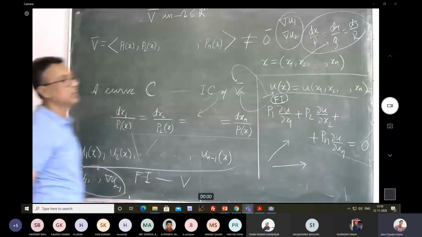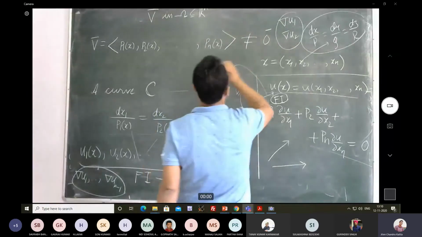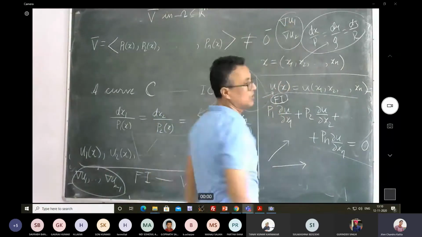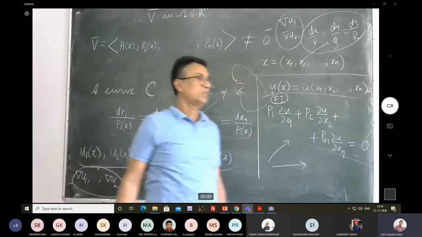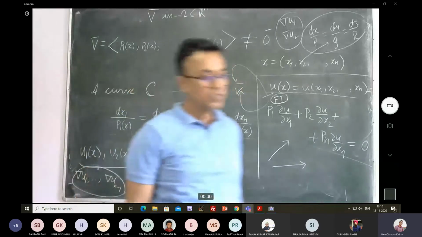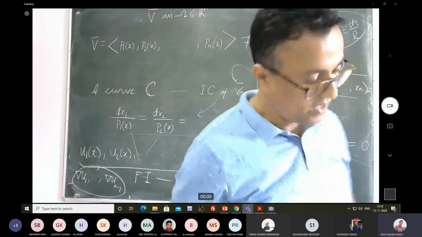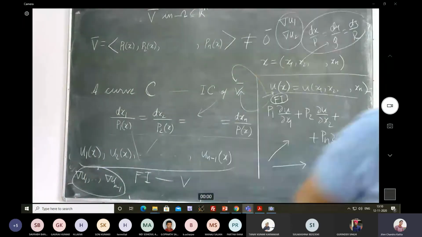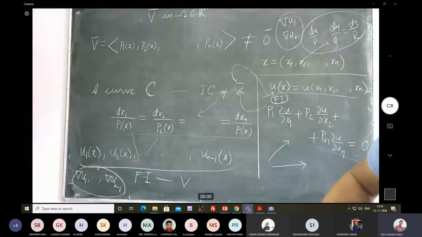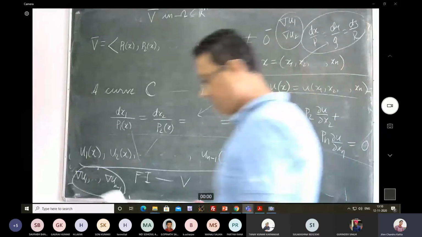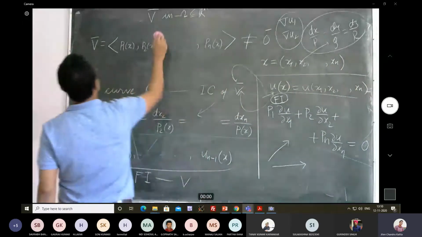That is the condition which replaces the condition of the cross product of these two being non-zero. That's it. Now let me work out one example of extension to n dimensions.